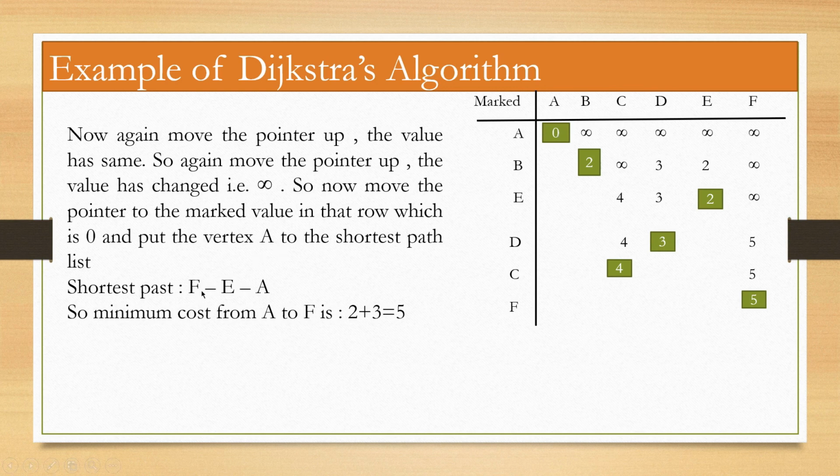So here F, E, A. This is the shortest path which we have to find, that is A to F. So the shortest path is A, E, F. The minimum cost from A to F is 2 plus 3, that is 5.